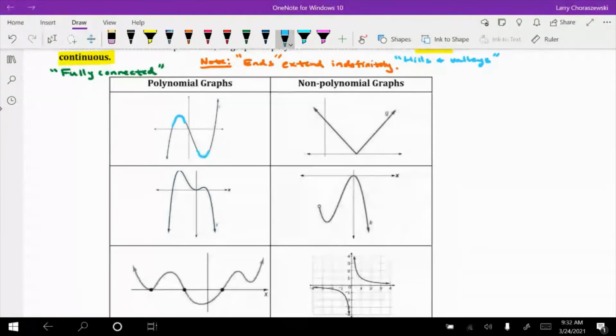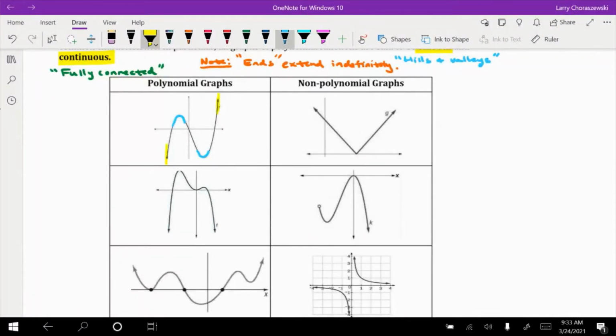The graph is fully connected, and it has ends that extend indefinitely. So even though the ends are pointing in opposite directions, they do continue on in those directions, and the graph widens out as you go from negative infinity to positive infinity. That should make sense because the domain is all real numbers for any polynomial function, right? And so because of that, we're going to have ends that go to those infinities.